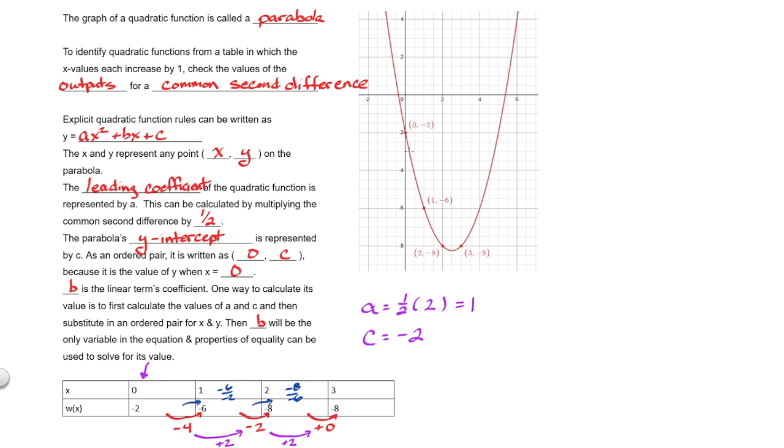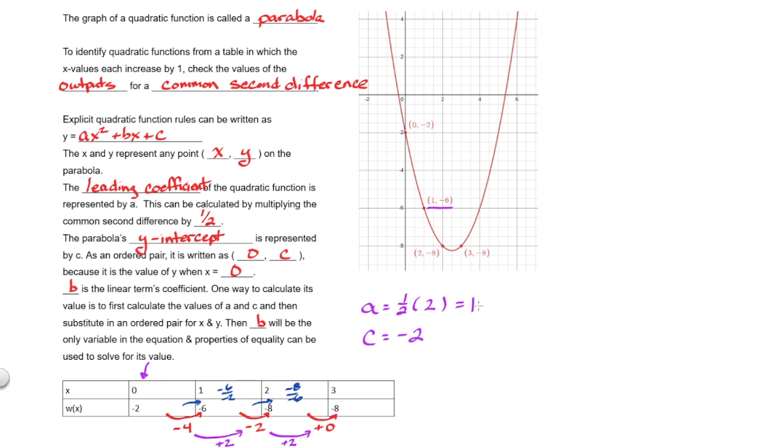We can pick any point on here for it except for the y-intercept. If we use the y-intercept here, we won't be able to calculate b. So let's just pick probably the easiest point of all, and that is the value of y when x equals 1. Because if x equals 1, we're going to do b times 1, and b times 1 is just b, and b is what we're solving for. So by giving b a coefficient of 1, we're going to make our job a little bit easier here.